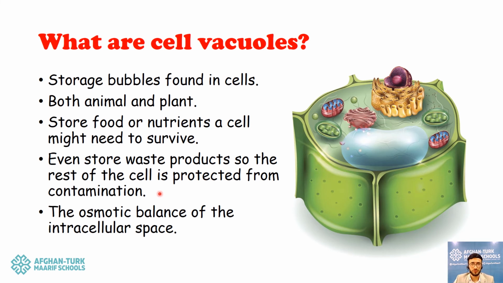It is important to store feeding materials, also waste materials, and then expel them out of the cell. About the osmotic balance of the intracellular space, as I mentioned, when the cell is facing a solution in which osmotic pressure is high, the plant cell will shrink.